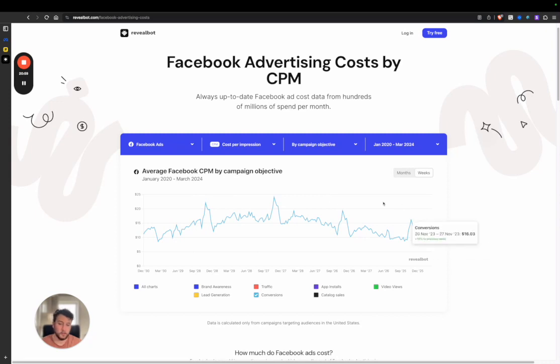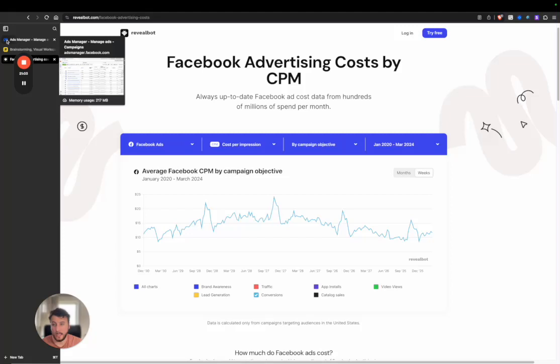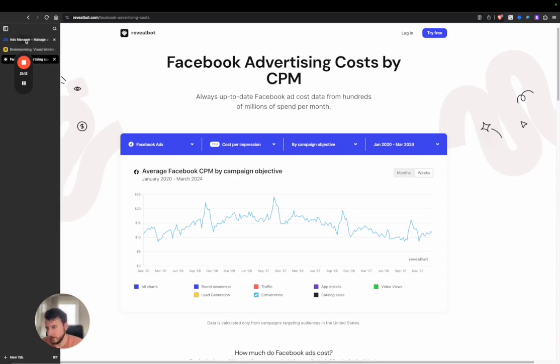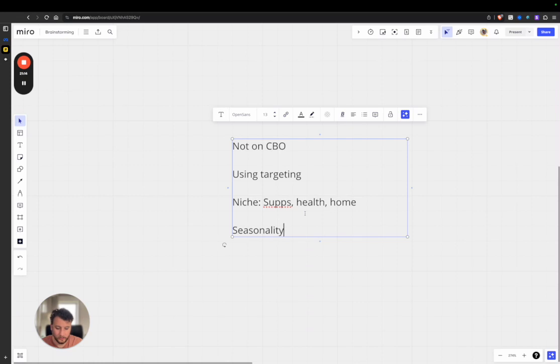There's typically quite a bit cheaper CPMs because there's more places to put the ads, right? And so with the introduction of Reels and some of these cheaper placements, CPMs have actually gone down, though the quality of the impressions may have also gone down as well, okay? So that's all very, very important. Seasonality, what's going on. Again, I'll just add macro and micro here under that seasonality aspect, okay?